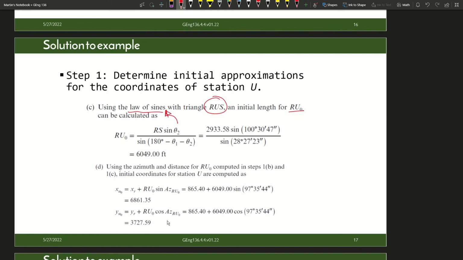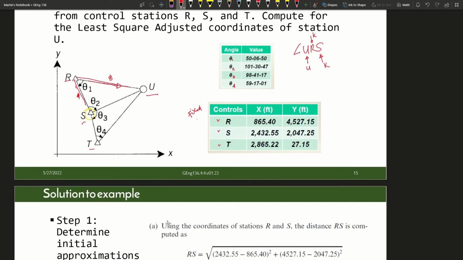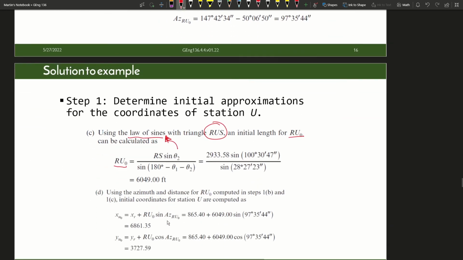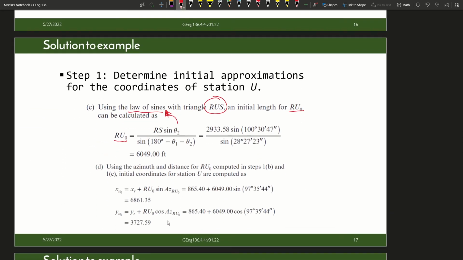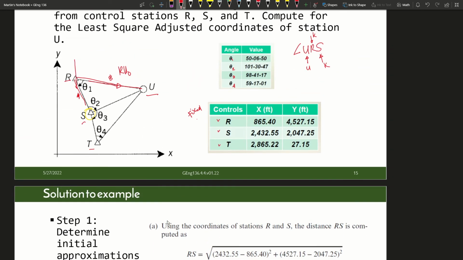So we have your distance, this distance. Then once you already have the azimuth of this line, you can compute this position approximately.